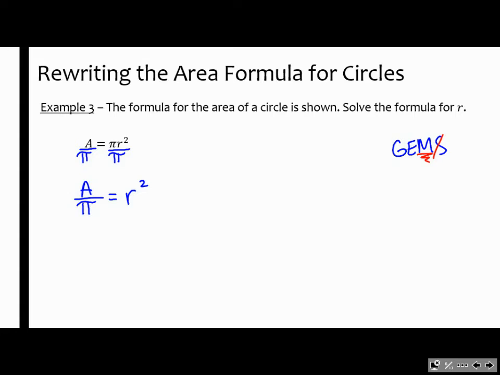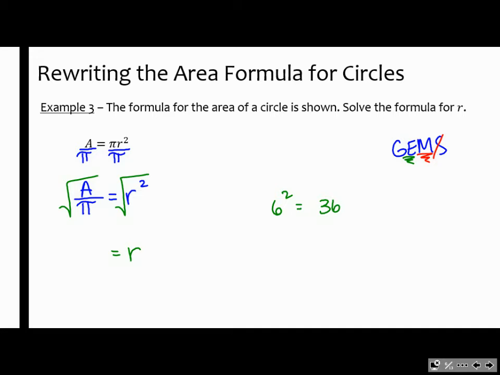The inverse operation of a square is to use the square root. So I'm going to take the square root, so the opposite of an exponent, inverse operations, of area over pi, the whole piece. When you solve the square root of a number squared, so let me take a perfect square like 36, that would be 6 squared, right?